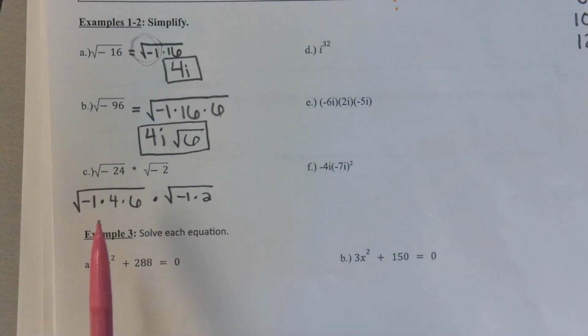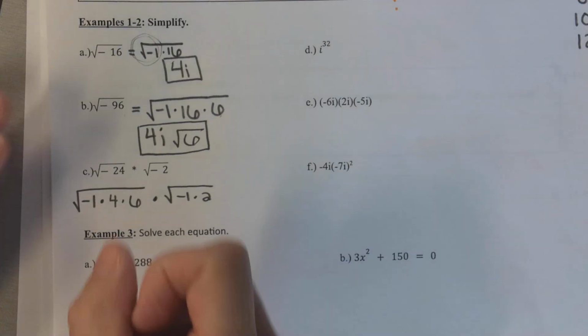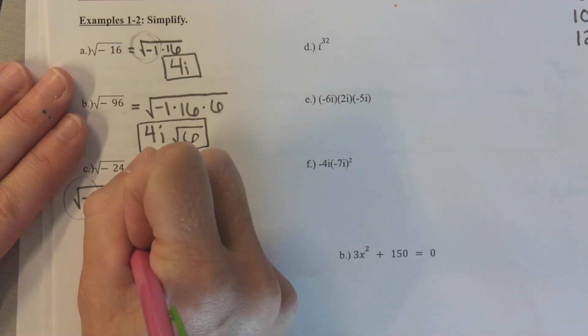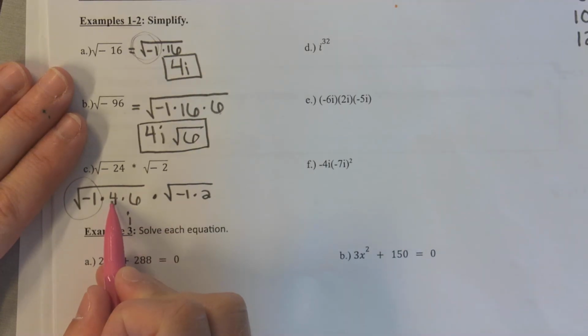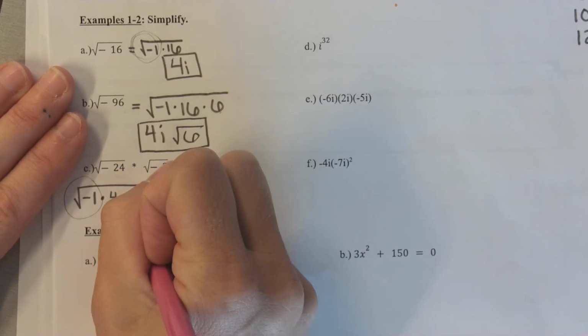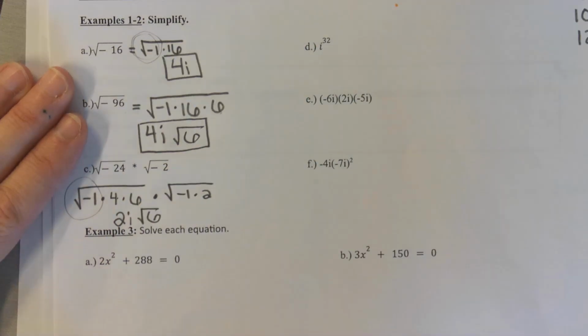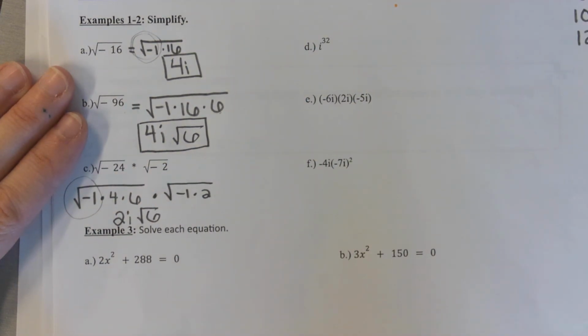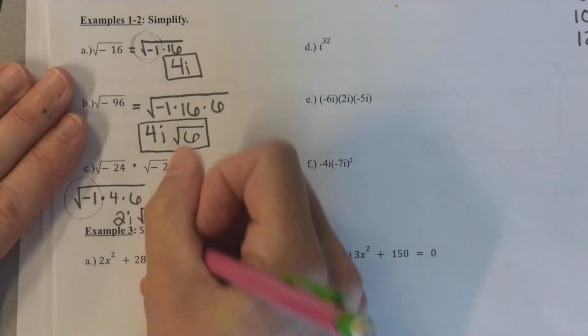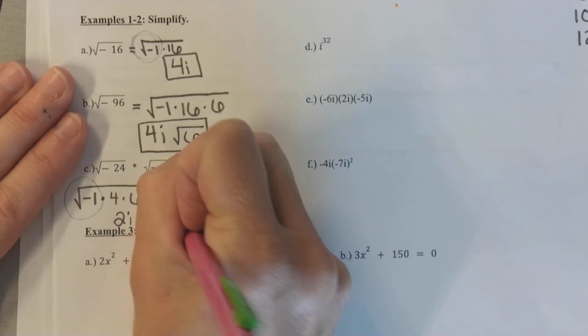Okay. If I think about the square root of negative 1 by definition, what is it? i. Square root of 4 is? 2. And then the root 6 is going to stay and live on underneath. Over here, square root of negative 1 is? i.